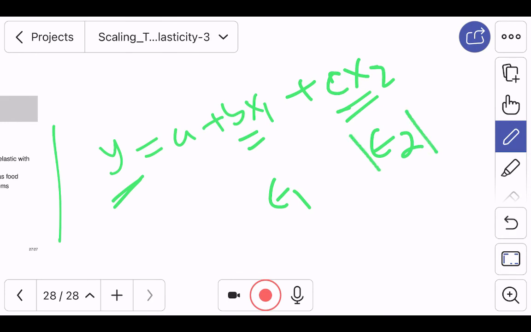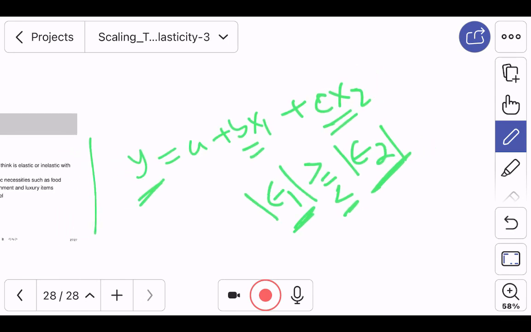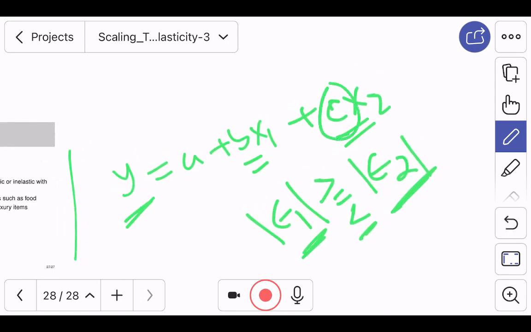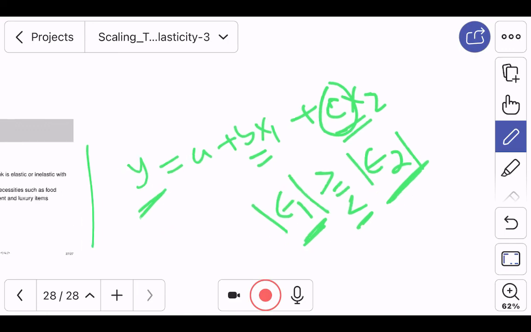So is the absolute value of this bigger than that, or equal, or less than? And if it's bigger, then x1 is more important. If it's less, x2 is more important. That's how I would get around the problem of the slopes not being comparable, or a good measure of how important a variable is.